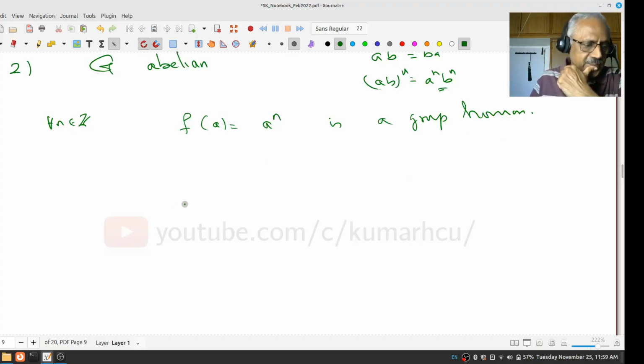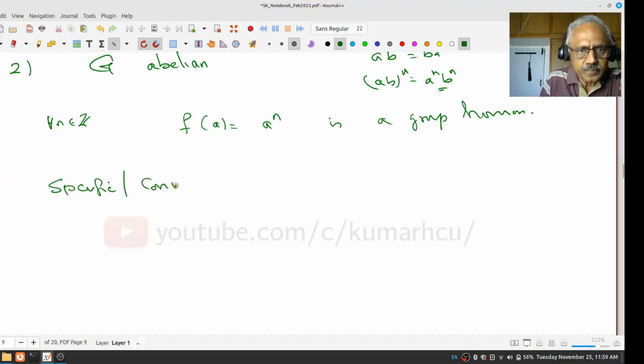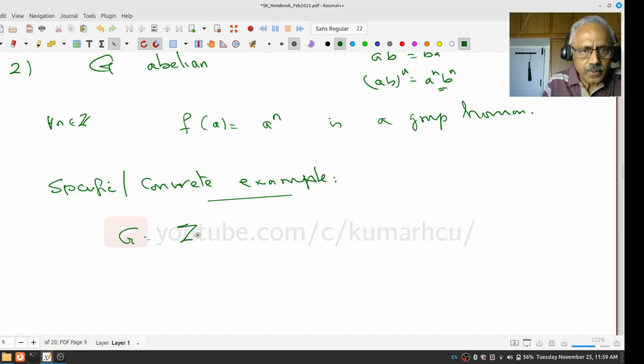So let us look at a very specific, concrete example to understand. Let us look at G equal to the units in Z15, which I will also denote by 15 star.